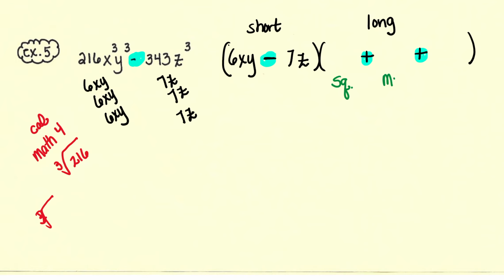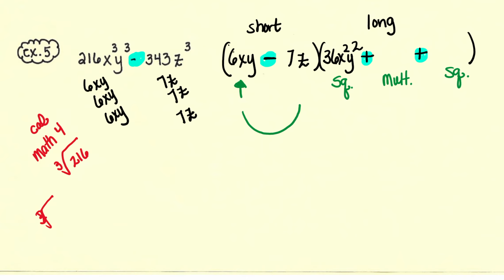Square, multiply, and square. So go to your short parentheses and you're going to square that entire term. You're going to square the 6, the x, and the y. So 6 squared is 36, x squared, y squared. Multiply the two together.